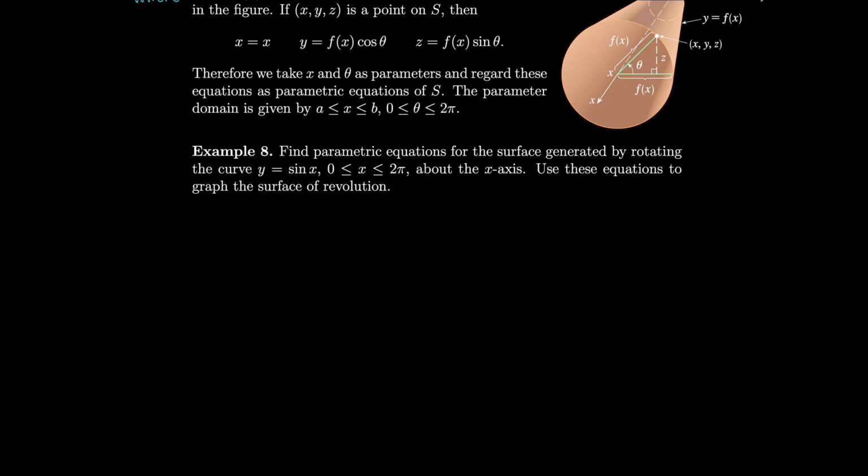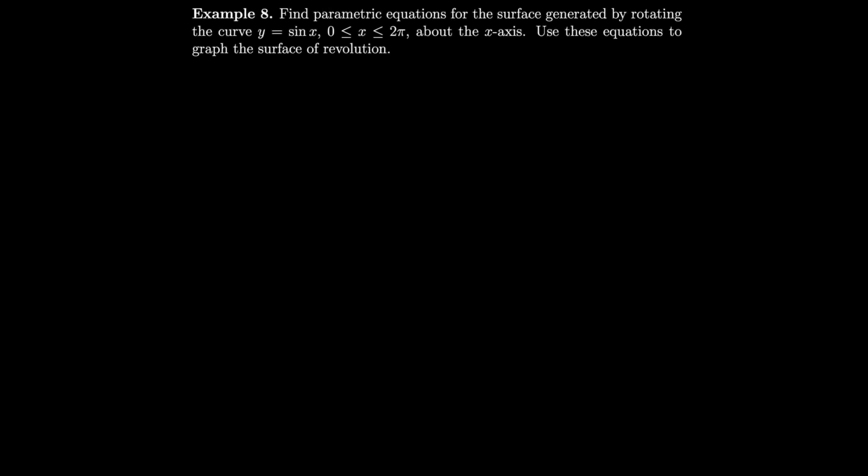So how about we do an example, and we'll find parametric equations for the surface generated by rotating the curve y equals sine of x from 0 to 2 pi for x about the x-axis. So what we'll do is we'll set x equal to x. We'll set y equal to f of x times cosine theta. So that'll be, in this case, sine of x times cosine theta.